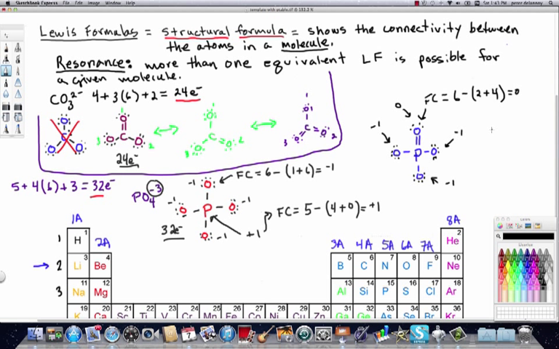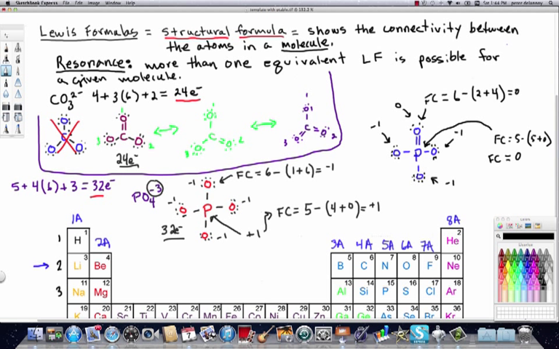That just leaves us to find the FC on our phosphorus. That is going to be equal to 5 minus quantity, we've got 2, 4, 6, 8, 10 electrons. Half of that is 5, and then there are no unshared pairs, so that's 0. So you can see the FC is 0 on the P.